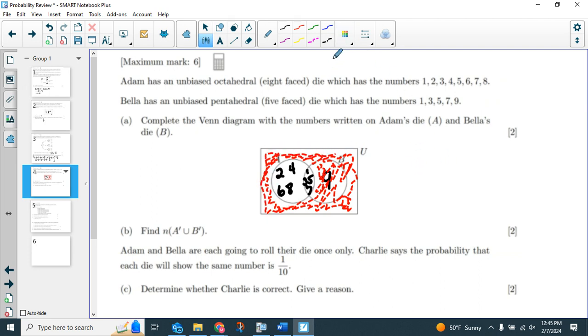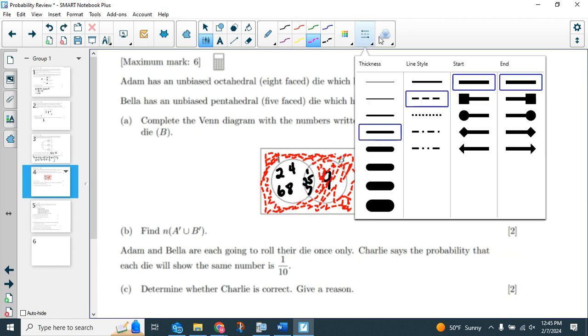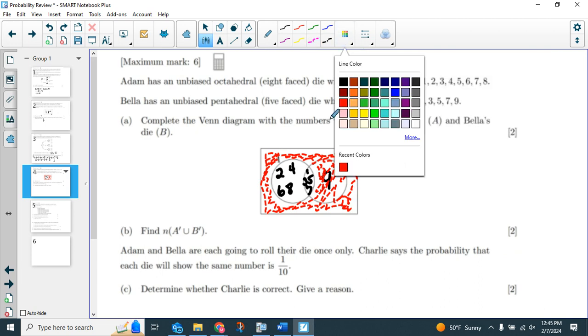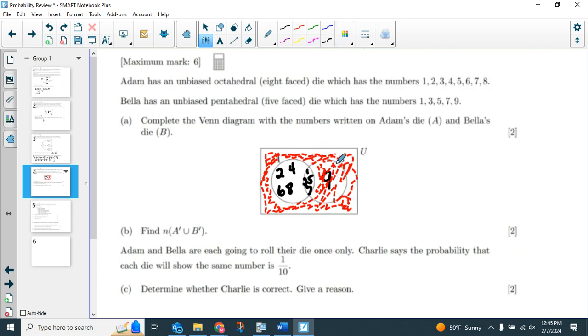All right, B complement would be everything here in purple, and that's everything that's not in B.